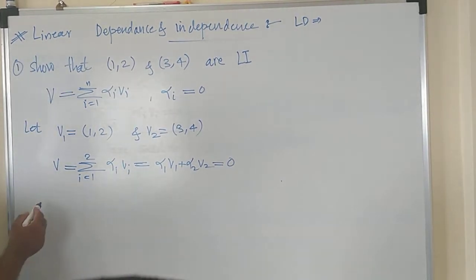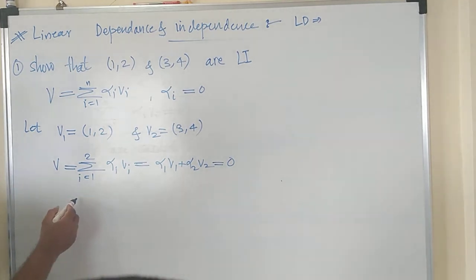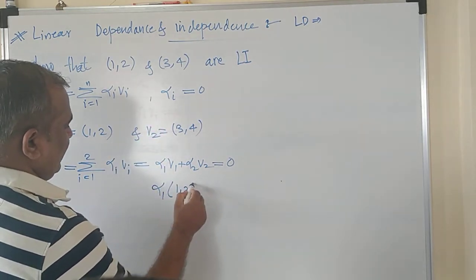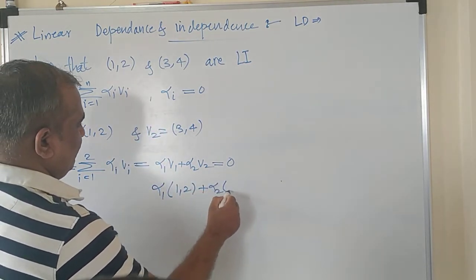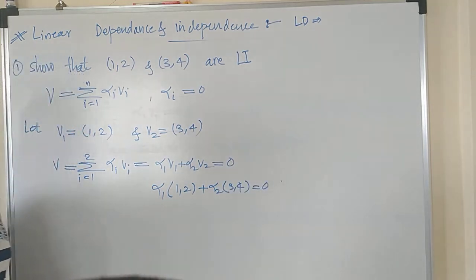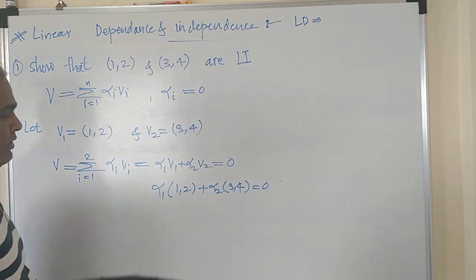Now let's calculate the values of alpha 1 and alpha 2. So this will give me alpha 1 into V1. What is the value of V1? 1, 2, plus alpha 2 V2, which is 3, 4, equals 0. This will give you two equations, and if you solve them, that will give you the values of alpha 1 and alpha 2.